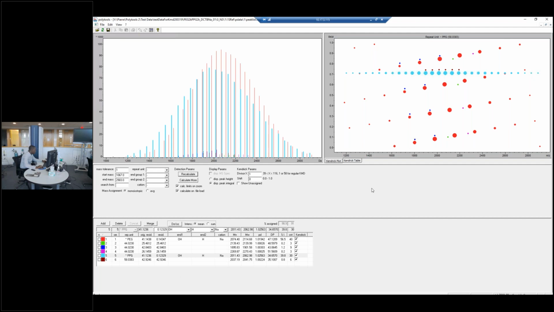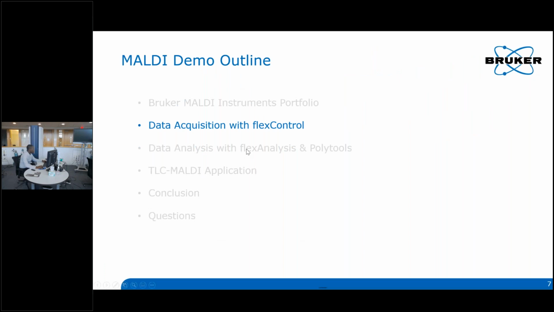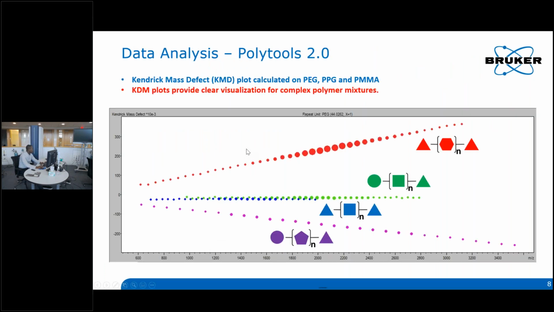So now moving back onto our PowerPoint presentation for a few more things that I would like to show you. This is a different sample that was analyzed and interpreted using PolyTools, and was a complex polymer mixture of PEG, PPG, and PMMA.